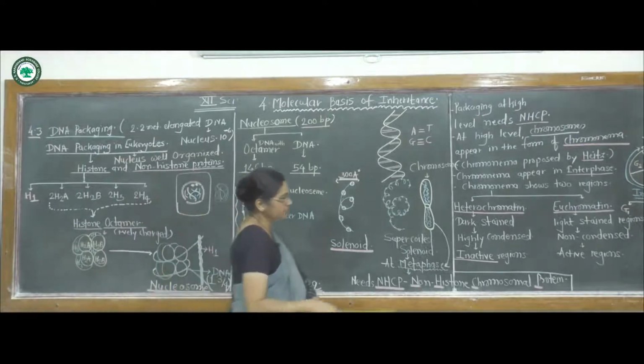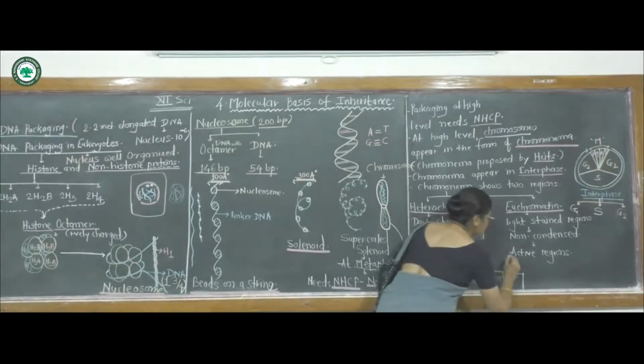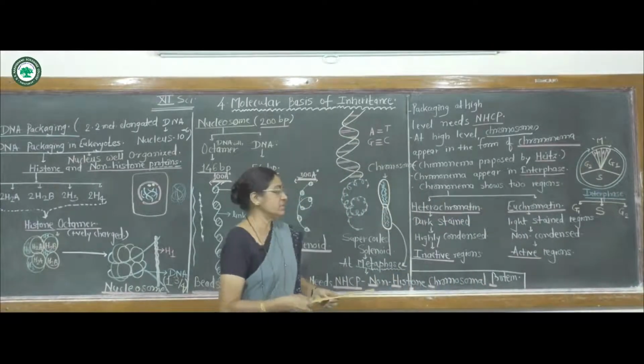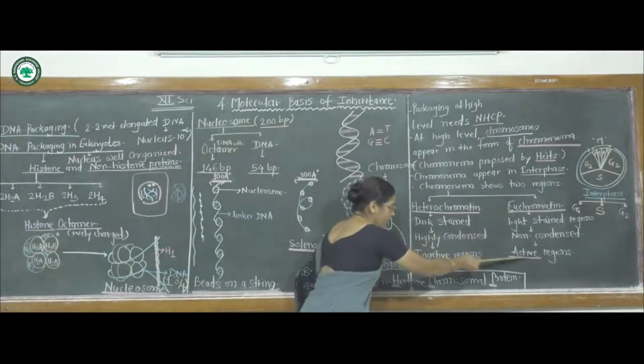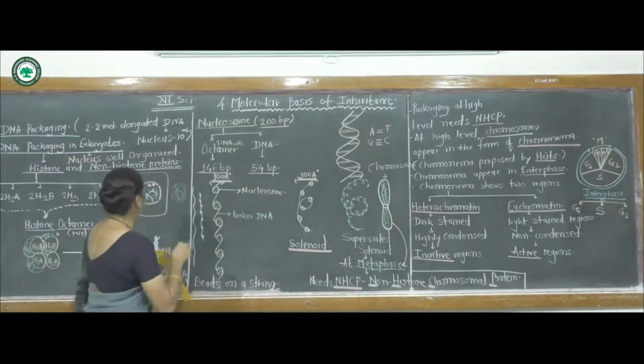So here the euchromatin and the important feature or the meaning, the regions which are the active regions called as the euchromatins. So the chromonema shows the 2 regions.